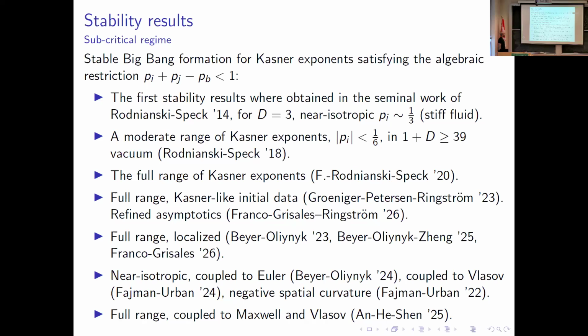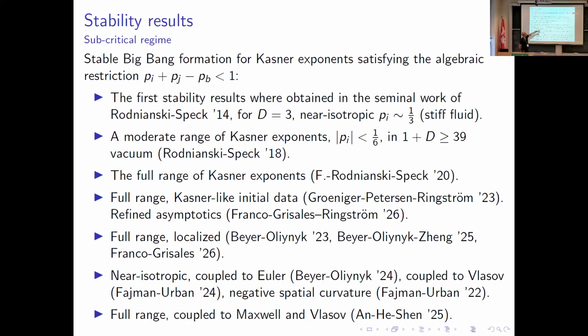So proving stability was kind of made possible. And they did it for the stiff fluid, but okay, it's very similar to the scalar field, in the case where all the Kasner exponents are nearly equal. Then they relaxed this condition by including what they call a moderate range of Kasner parameters.